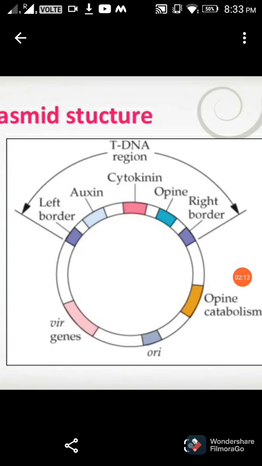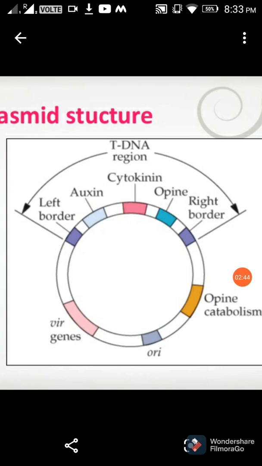So this TI plasmid, you can see here, acts as a vehicle. It is present in Agrobacterium tumefaciens, inside the bacteria. Now, when these bacteria infect the wounded plant, they transfer this tDNA region with the help of the TI plasmid, which acts as a vehicle for transferring the tDNA from the bacteria inside the plant.